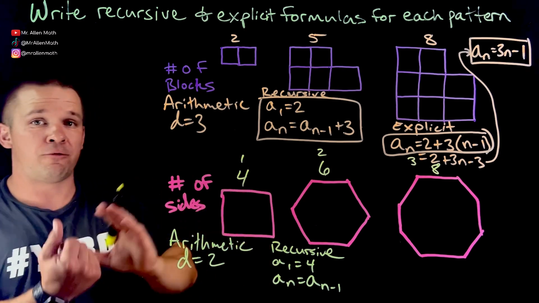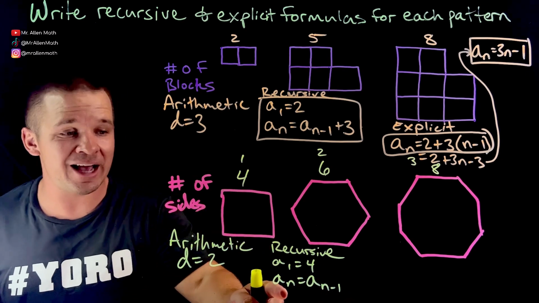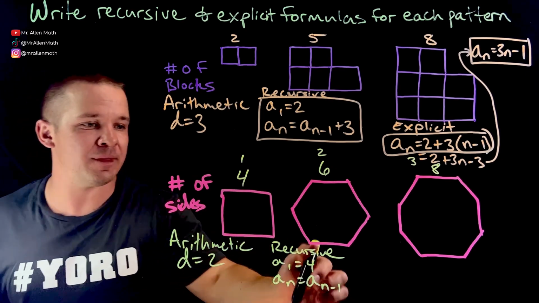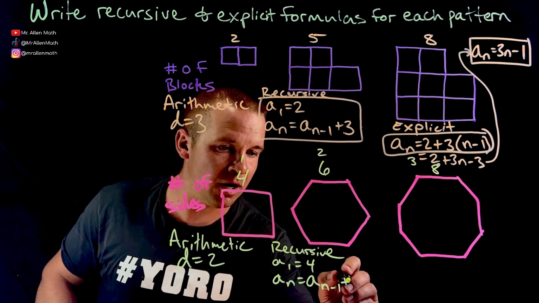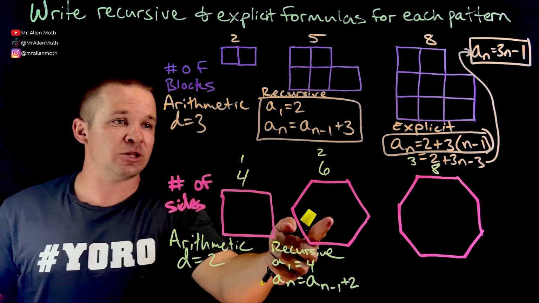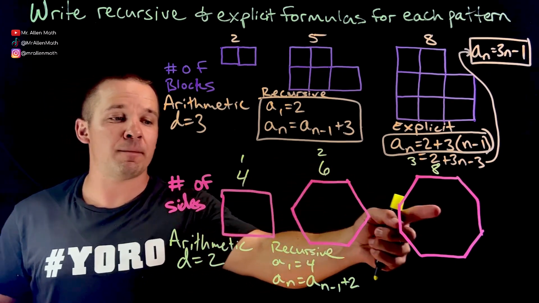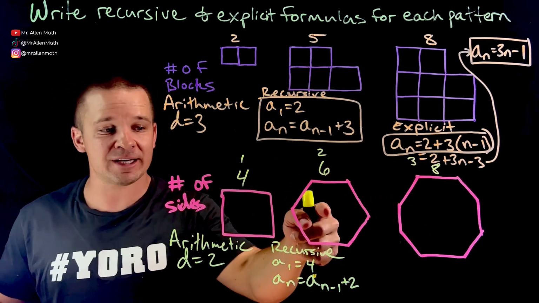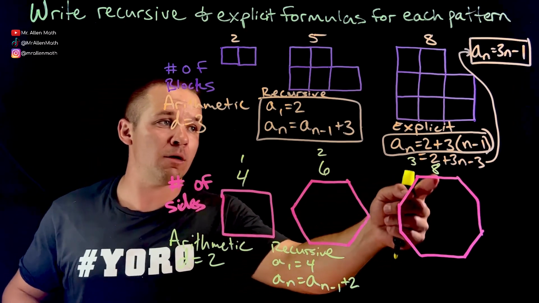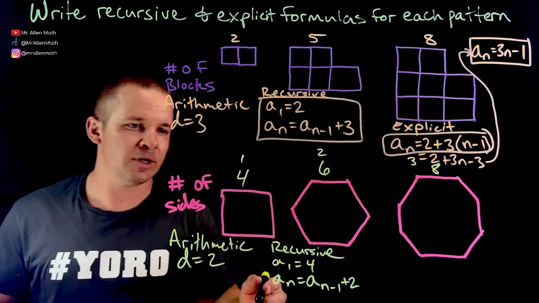That means the term before the one I want, because I want a sub n. We're going to go 1 back from that, plus my common difference of 2. So if I take the 1 before this, that's 4, plus 2 gives me the 6 sides. If I want my third term, I got to go 1 before to this guy, 6, plus 2 gives me the 8 sides. Cool? Recursive.